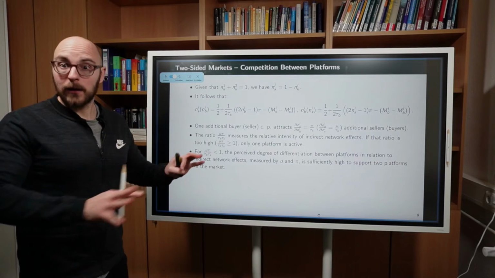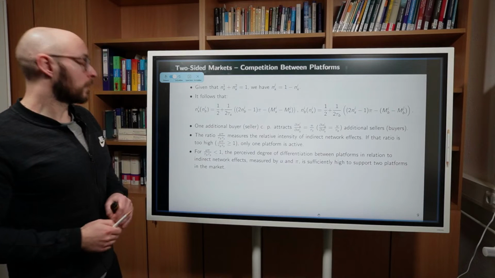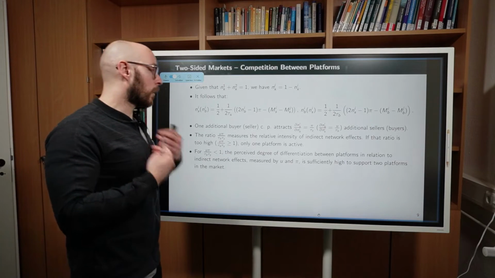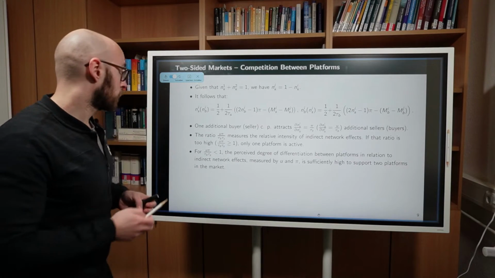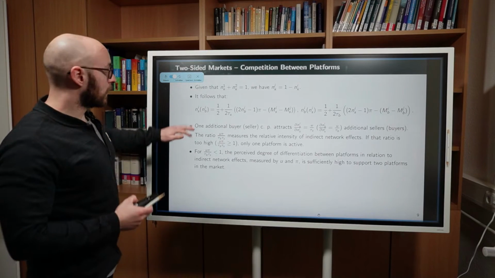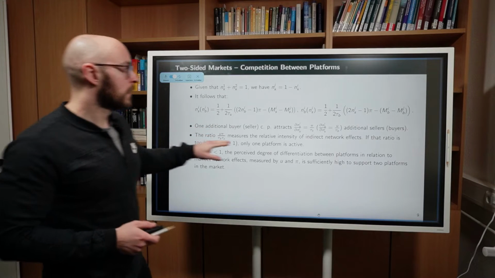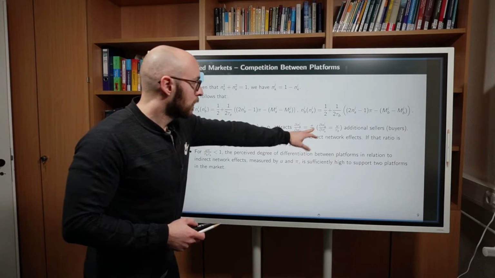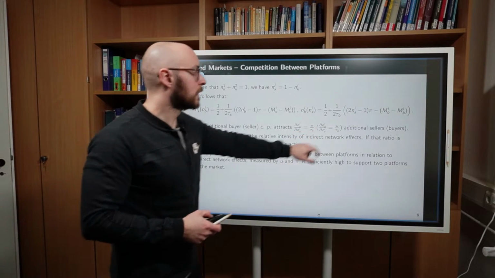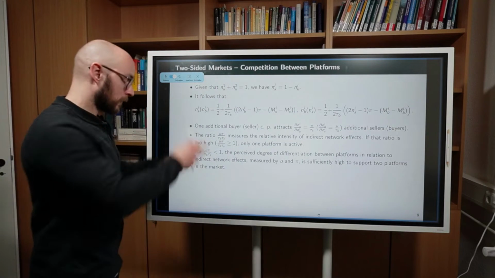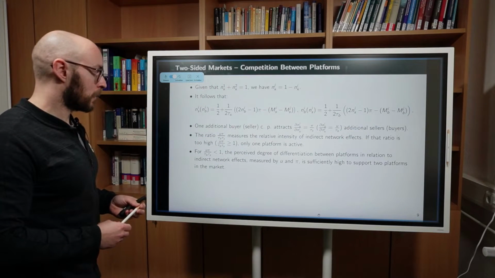That's not our final result, so that's not something we need to compute something. It's just something that we want in order to understand what happens. Because you can see from here that one additional buyer attracts pi over tau s additional sellers, and similarly for the buyers.